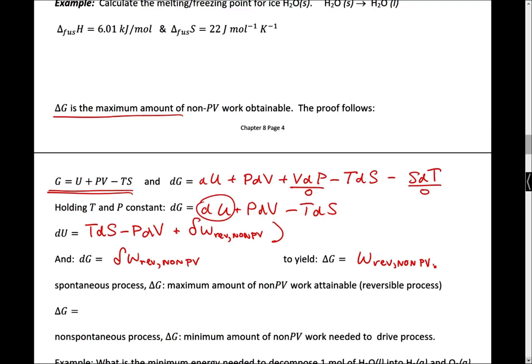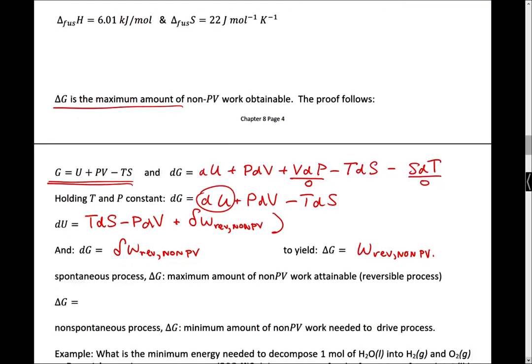Okay? Does that make sense? So back in Gen Chem, when you calculated delta G and you got a negative number for a process, that told you, given that amount of reactant, that's how much work you could get out of the system. If you got a positive number, that represents how much work you have to put into the system in a non-pressure volume way in order to drive the process. Okay?